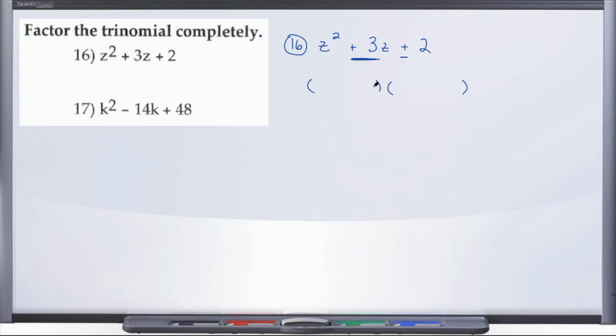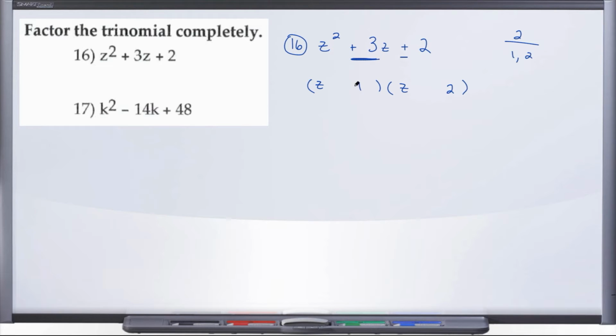So right away, we know that a trinomial is going to factor into a binomial, right? So I always go ahead and I just create 2 sets of parentheses that are empty. And I see that we're working with a z, so I always fill in whatever variable letter I'm working with. And then I say to myself, all right, factors of 2 that add to give me positive 3. Well, the factors of 2, if we want to list them, are just 1 and 2. So we know that we're going to be using 1 and 2 in our set of parentheses as factors, but now we just need to make sure that our signs are correct.